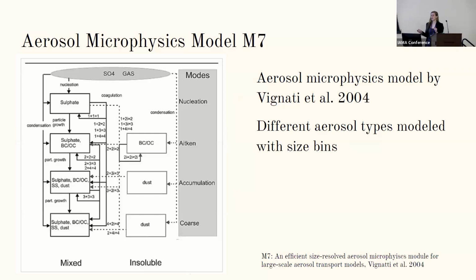I think there are 4 different so-called modes that just represent different sizes of the aerosols. And then what this model does, the aerosols can move through the modes, through condensation or growth or coagulation.